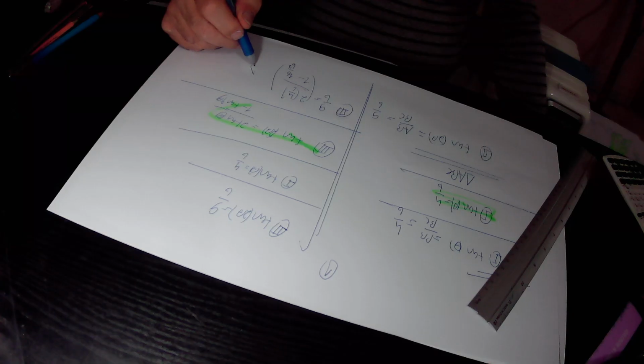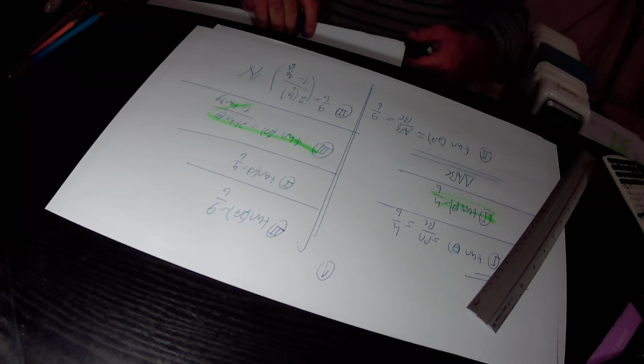So here we must multiply equation 2 by 1 minus 16 over b squared.